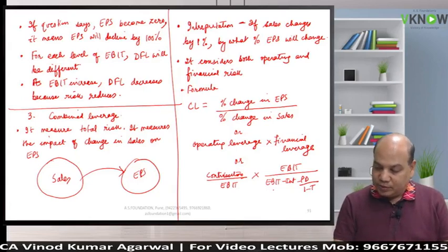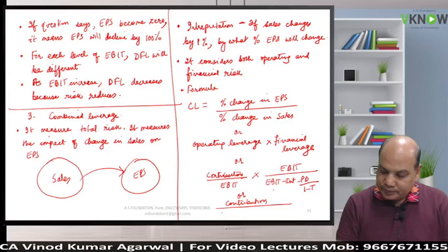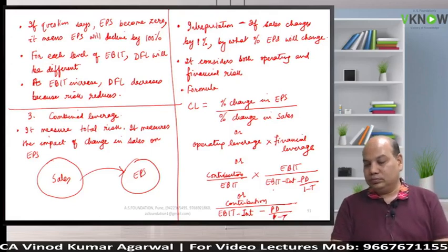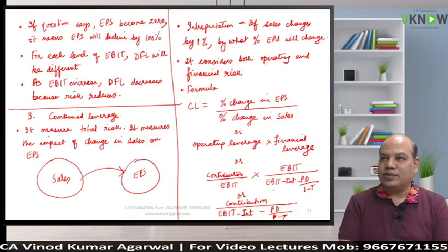So EBIT will cancel, and you can just write contribution divided by EBIT minus interest minus preference dividend upon 1 minus tax rate.